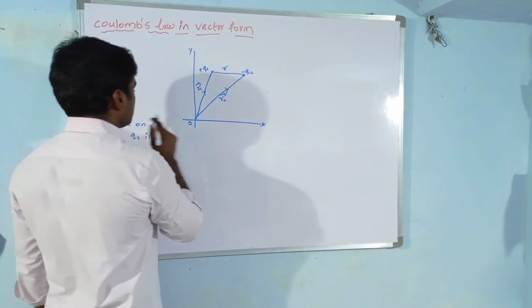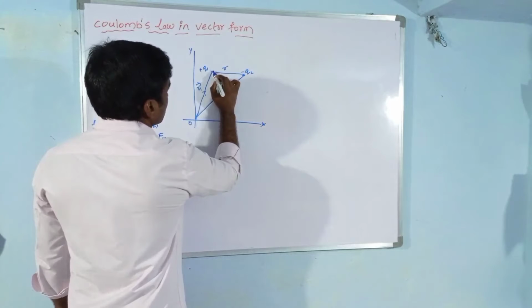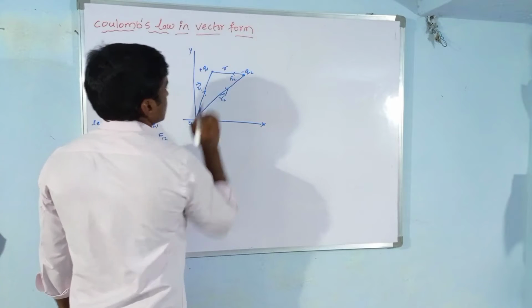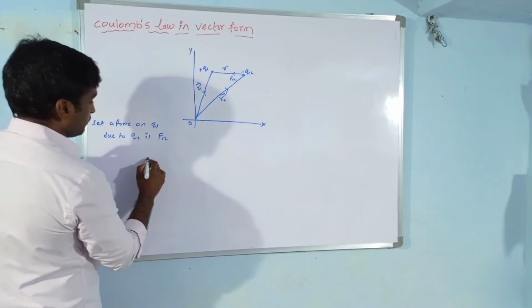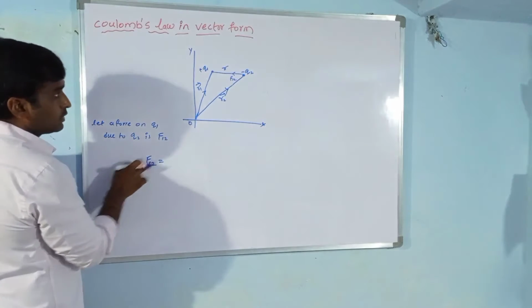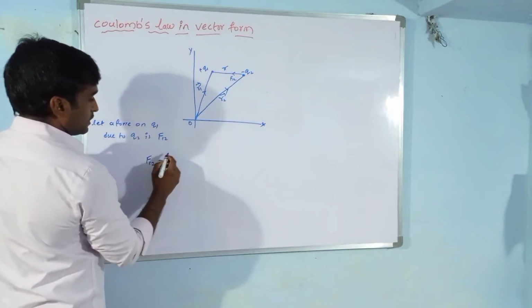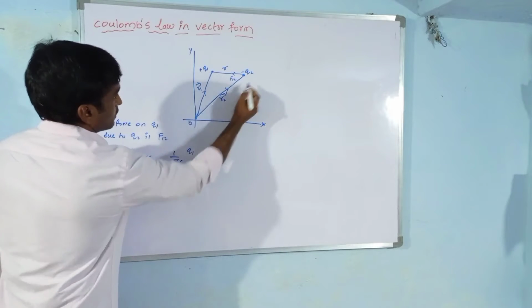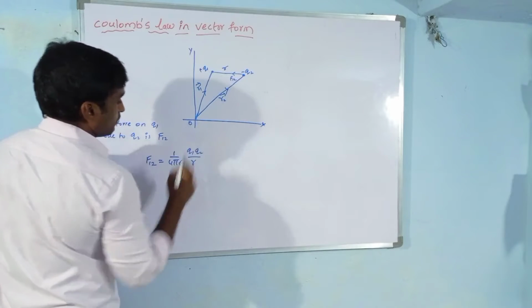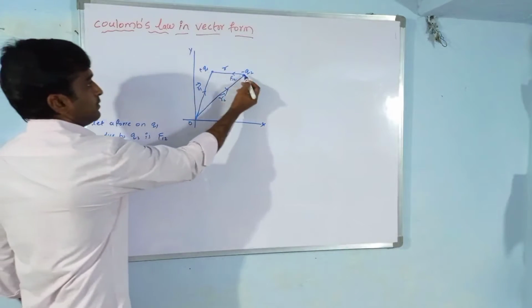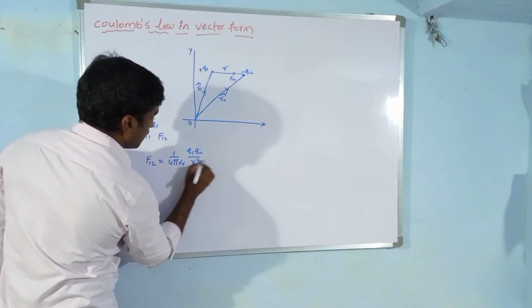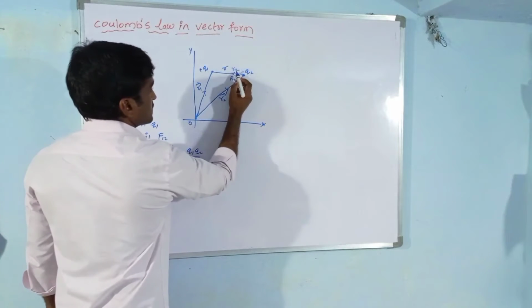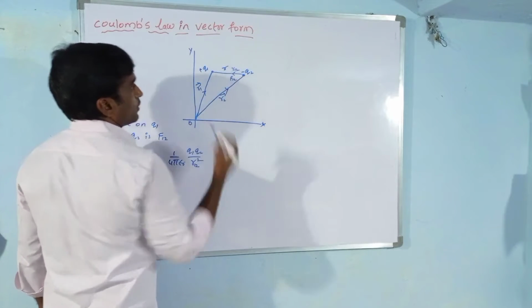So F12 is equal to 1 by 4 pi epsilon naught q1 q2 by r12 square, where r12 is the distance between q1 and q2.